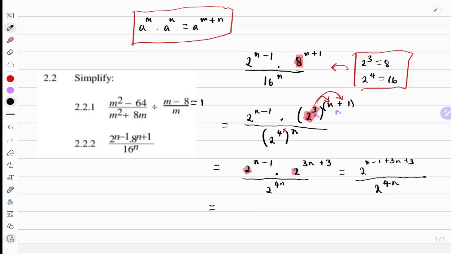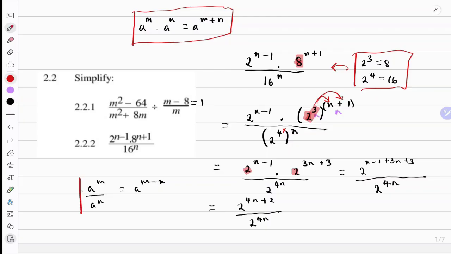So n plus 3n is 4n, so it's 2 to the power of 4n, and minus 1 plus 3 is positive 2, and in the denominator we've got 2 to the power of 4n. Now we can apply the identity that if you divide powers with the same base, for instance a to the power of m and a to the power of n, you can subtract the exponents.